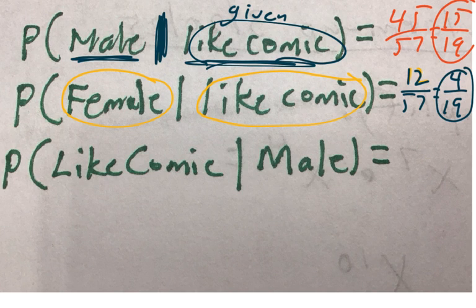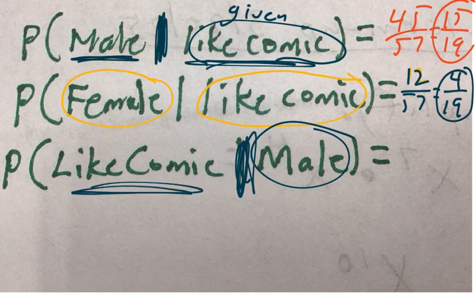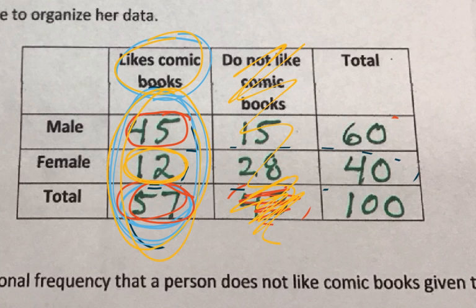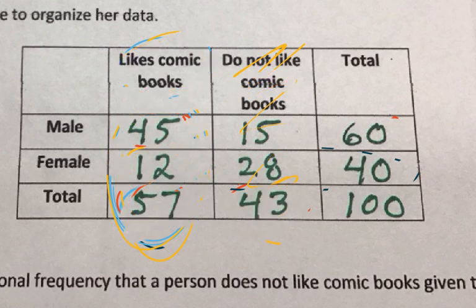Okay? Finally, one more, guys. Notice I flipped the script a little bit. This time we know they are male. Okay? We want to know, what about, if we know they're a male, what's the chance they like a comic book? So this time, guys, when I look at my table here, I am now looking this way.